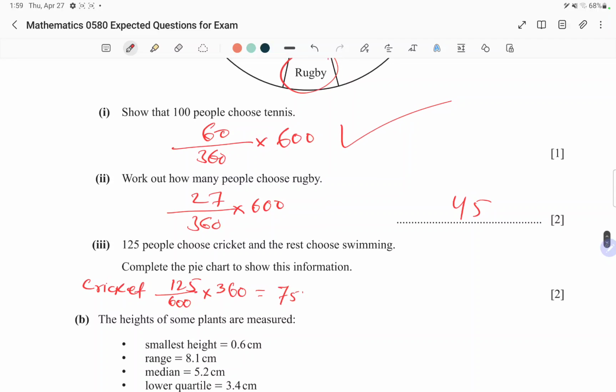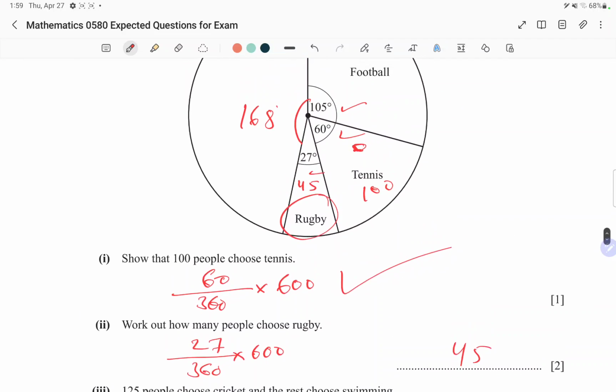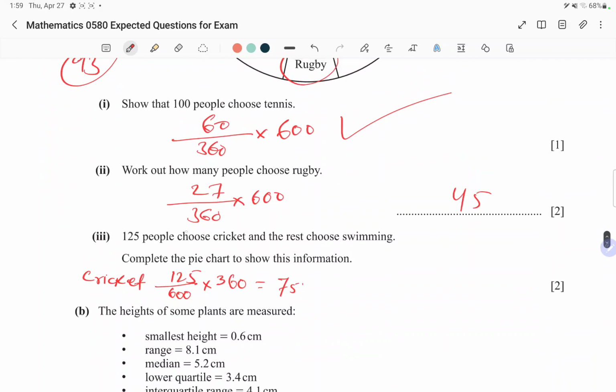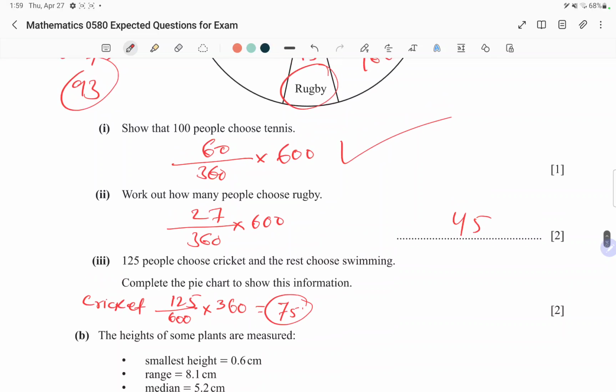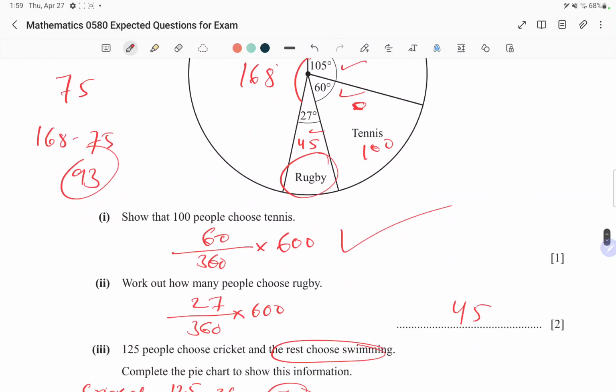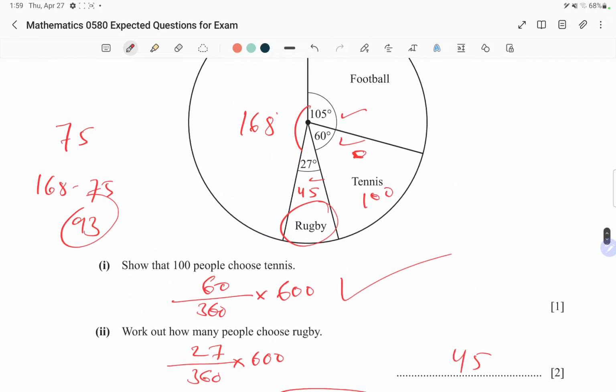So for cricket it is 75. And 168 minus 75, that is 93. Okay, so 75 for cricket, and swimming is 93.